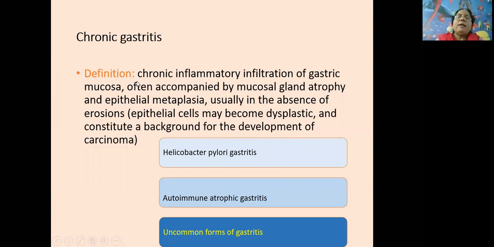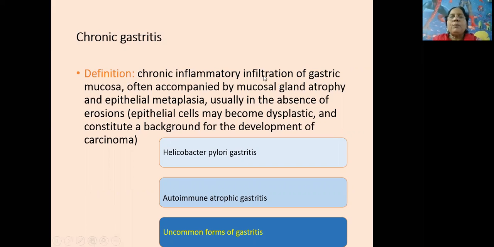And chronic gastritis. Up to this was acute gastritis; now chronic gastritis. This is very important. For the development of peptic ulcer, carcinoma and lymphoma, chronic gastritis is a precursor condition. So what is the definition? It is a chronic inflammatory infiltration of the gastric mucosa.